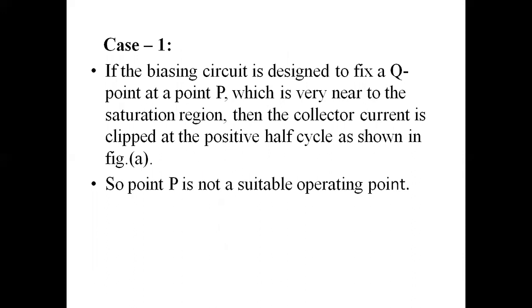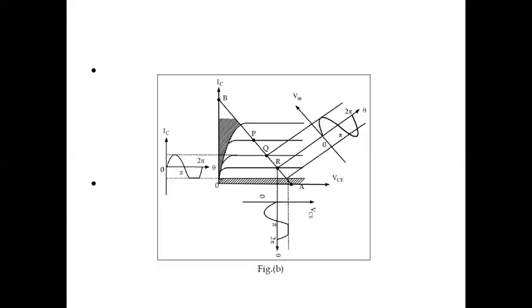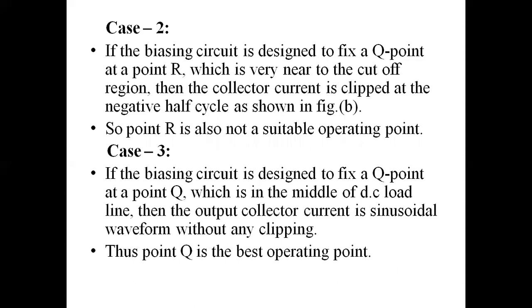Since the positive half peak is clipping, it is not at all a suitable operating point. In case 2, similarly, if the operating point is selected at the point R, which is very near to the cutoff region, the negative peaks are clipped. This is also not a suitable operating point.